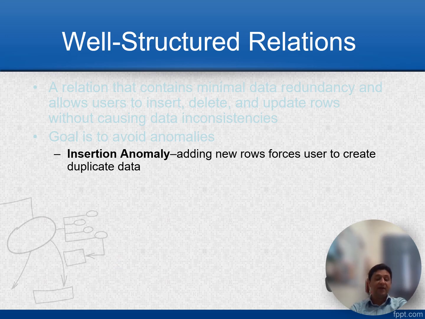So I repeat, if we want to add some data into a relation, and we are forced to duplicate some data that we do not want to duplicate, it would mean that there is insertion anomaly in that particular relation.